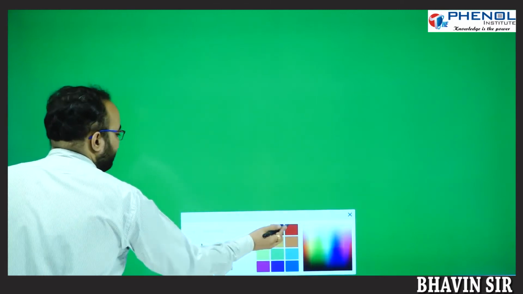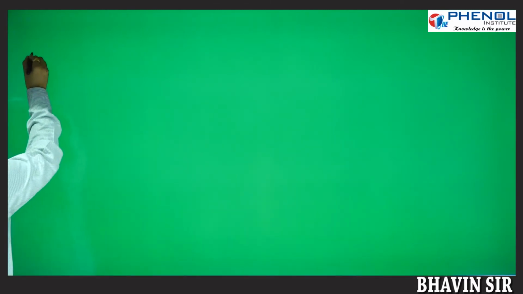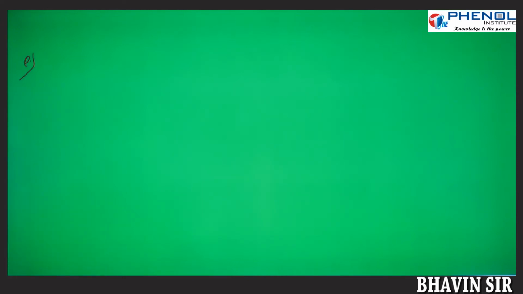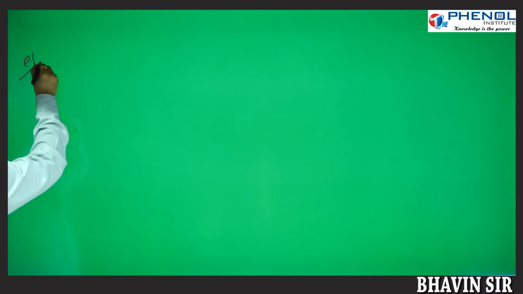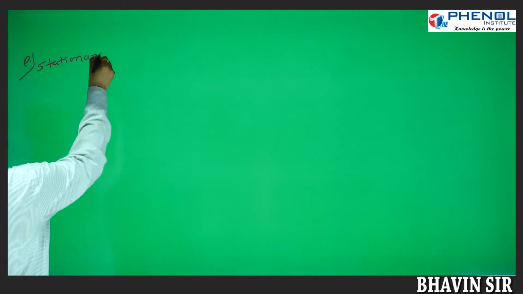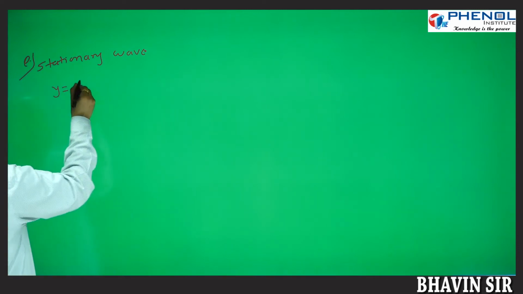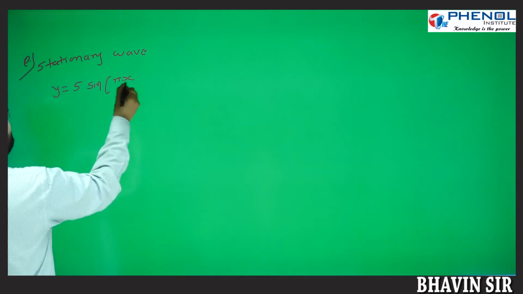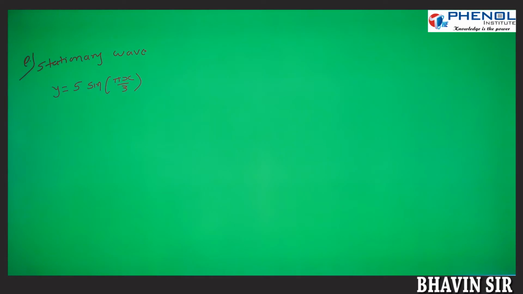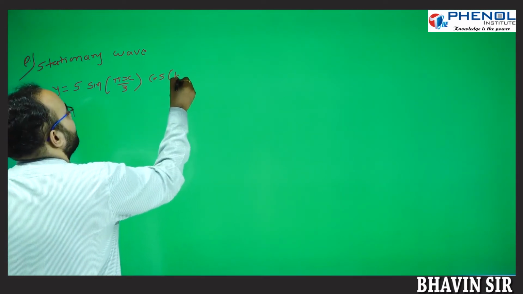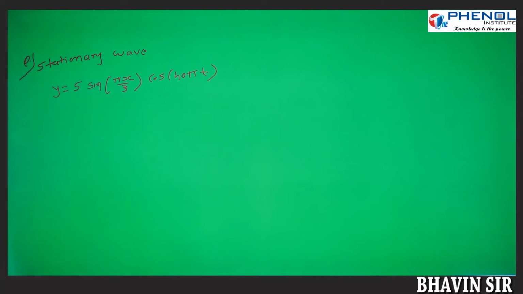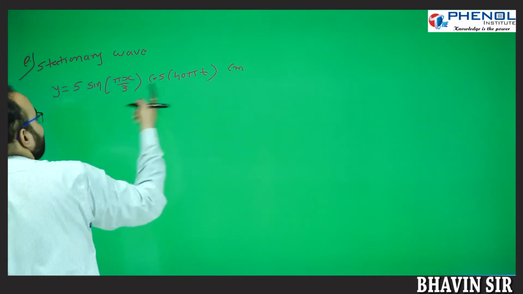So now see one question, students. A stationary wave is y equal to 5 sin(pi x by 3) cos(40 pi t), and the values are in centimeter, so the displacement y is in centimeter.